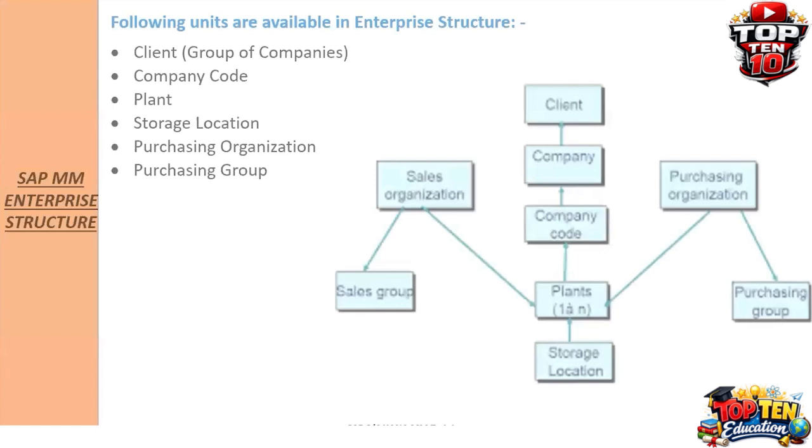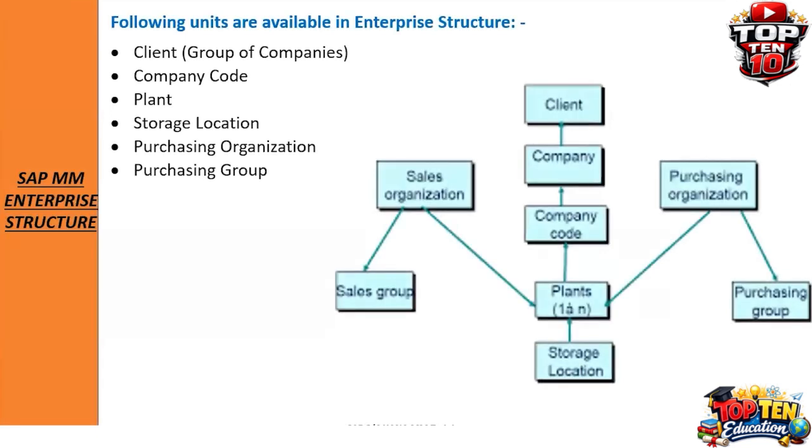yes. So as per the enterprise structure, there is one tree, the organization tree or enterprise tree. It starts with client, then it moves to company, then company code, then obviously plants. From plants, we can take many organizations such as for procurement, there is a purchasing organization. For sales and distribution, there is a sales organization.